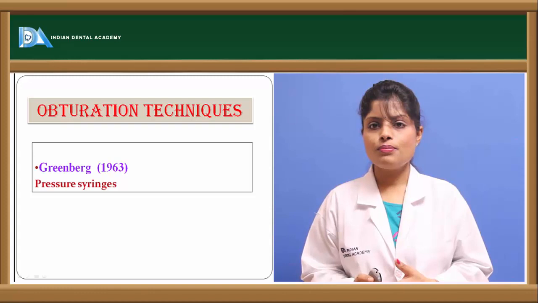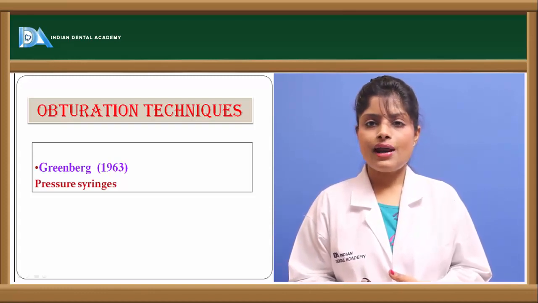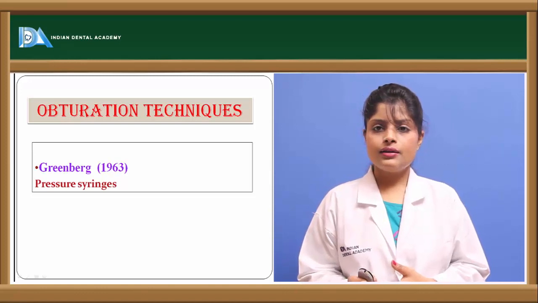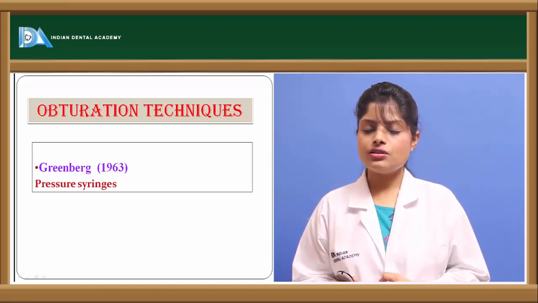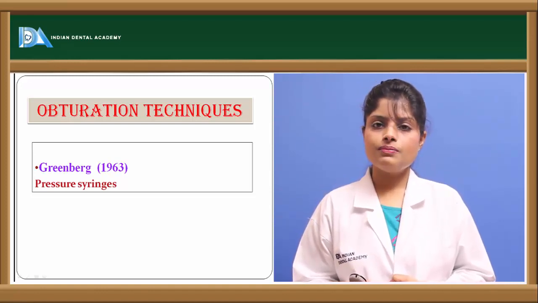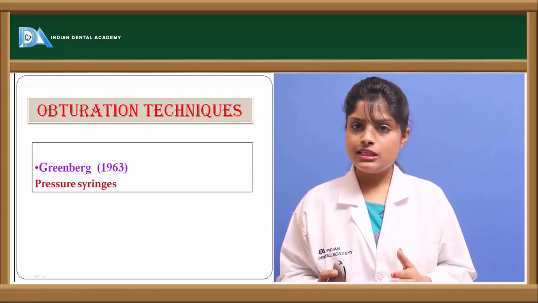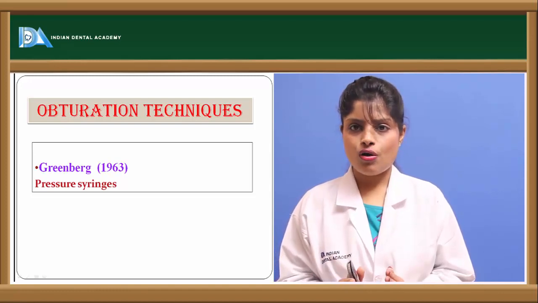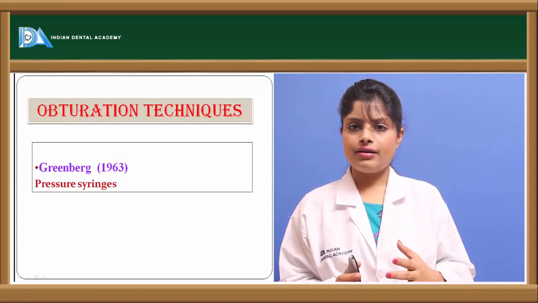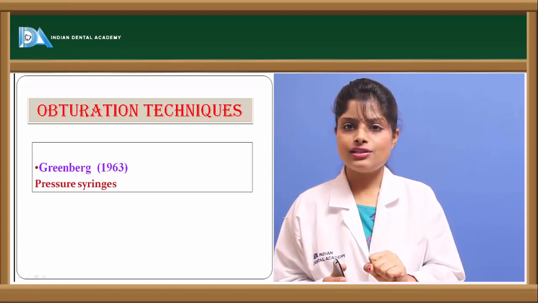Now there are various obturation techniques which are used in primary teeth. They can be done by means of pressure syringes, which was discovered by Dr. Greenberg. Basically, these pressure syringes are an apparatus which consists of a syringe, a barrel and a wrench.